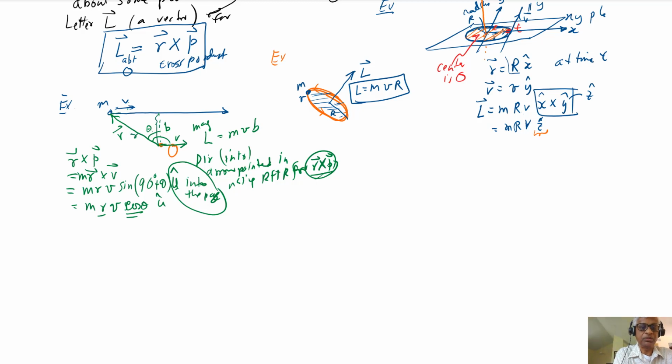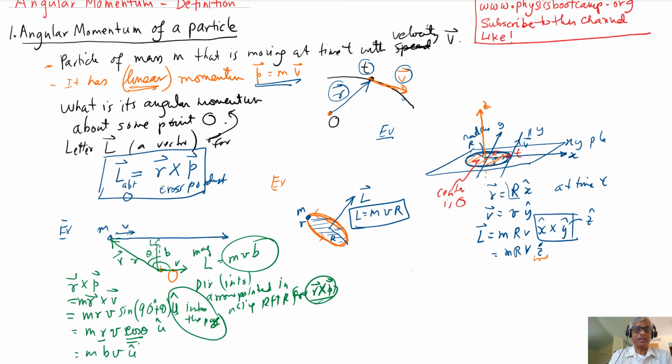If this side is equal to R, and because this is 90 degrees, R cosine theta just gives me B. So M B V u hat. That's how I got that. Okay, so that's the angular momentum of a particle about this point.